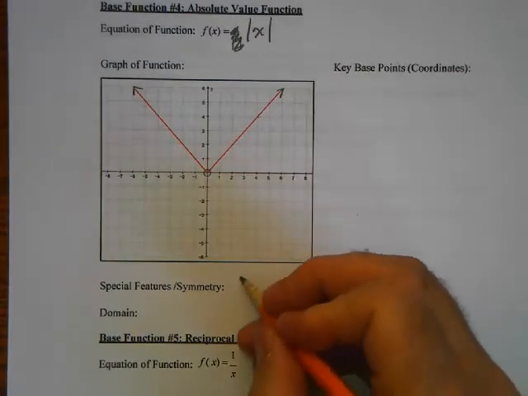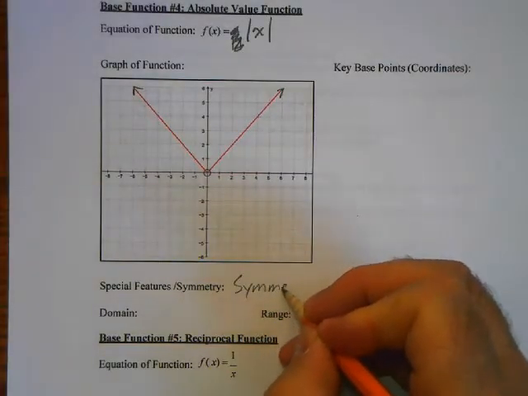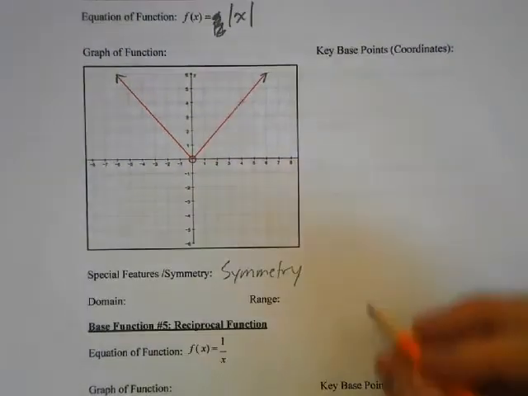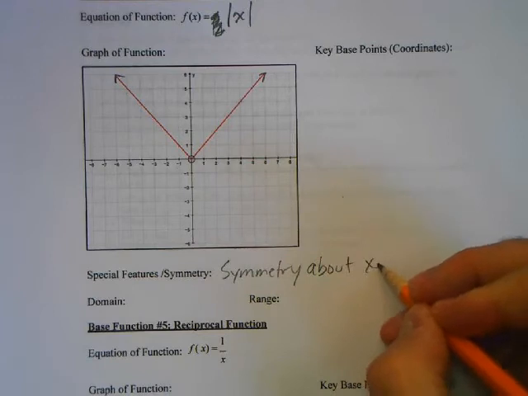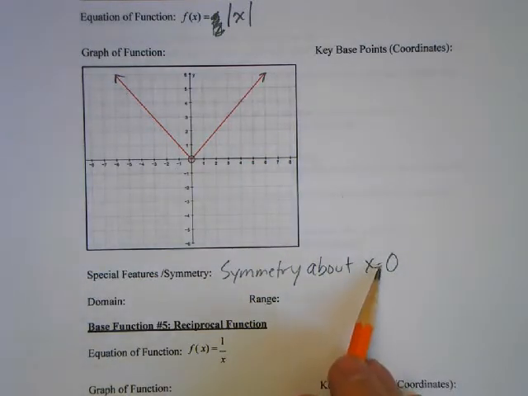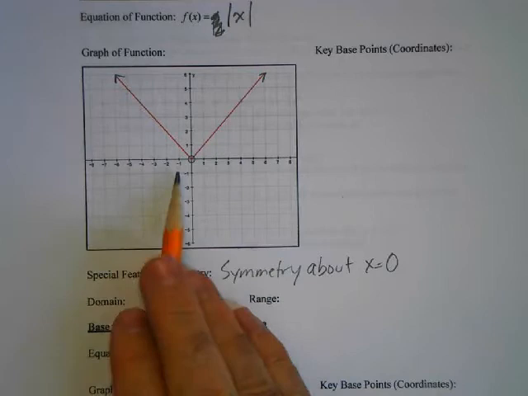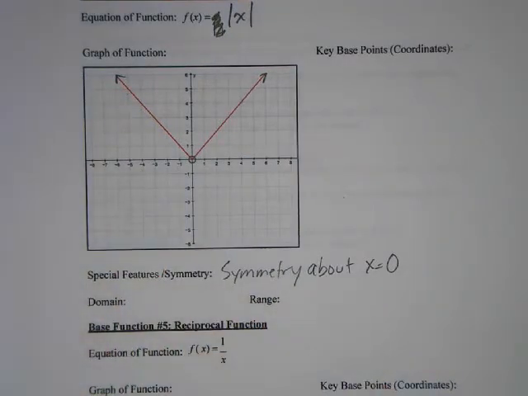So we can say there's symmetry, and it's symmetrical about x equals 0. That means on both sides of that line, the graph and the function is symmetrical. X equals 0 is just another way of saying the y-axis.